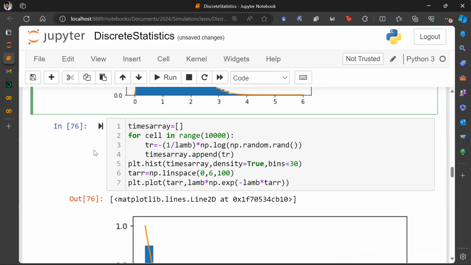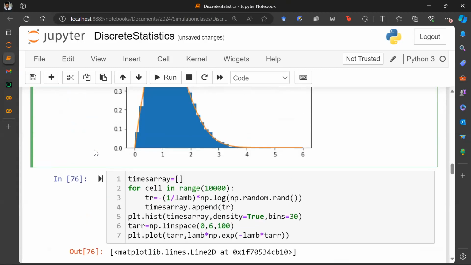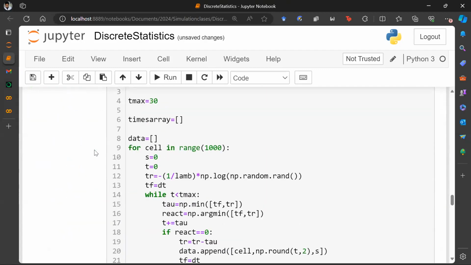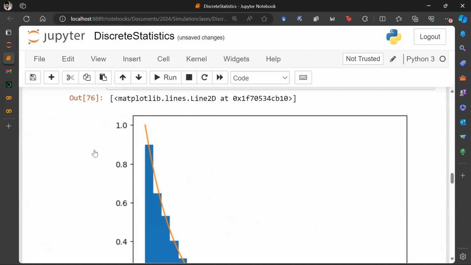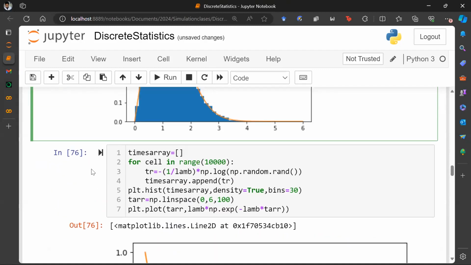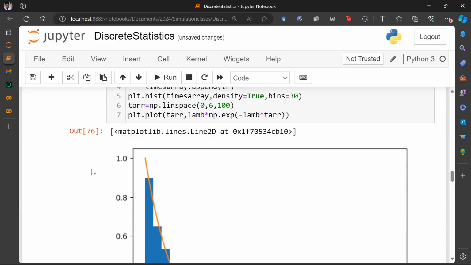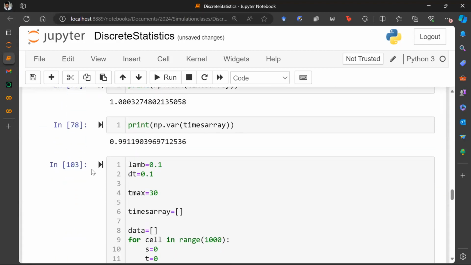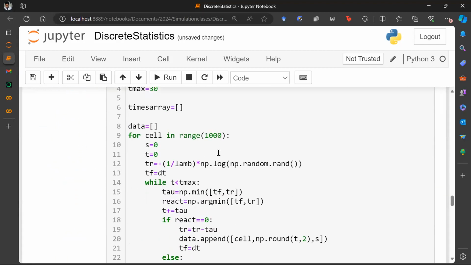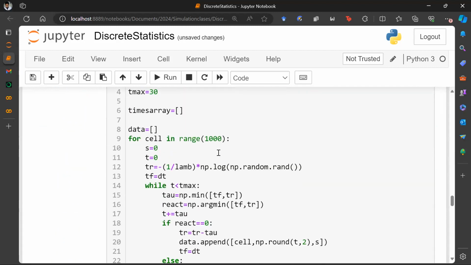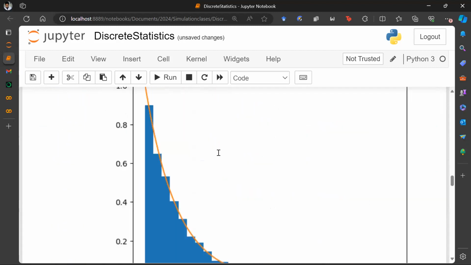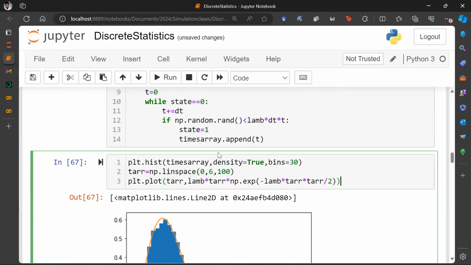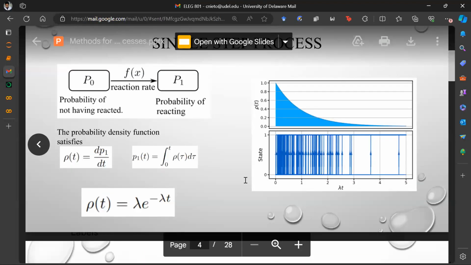You can check the script. Oh no, I don't have trajectories yet. Okay, let's plot the trajectories.